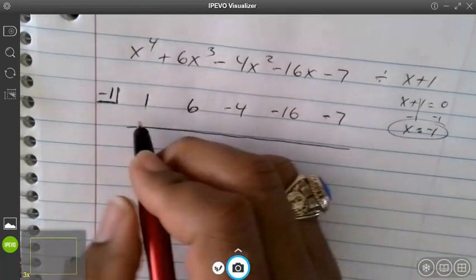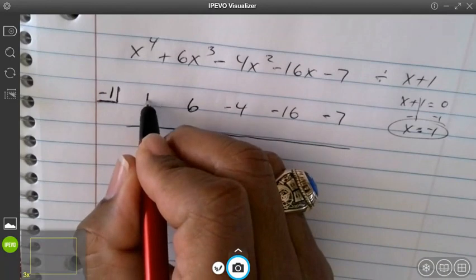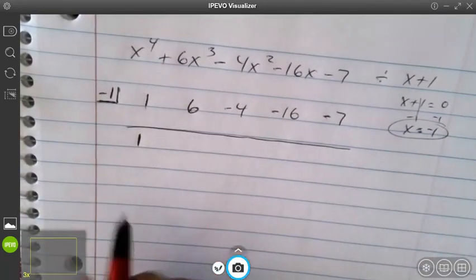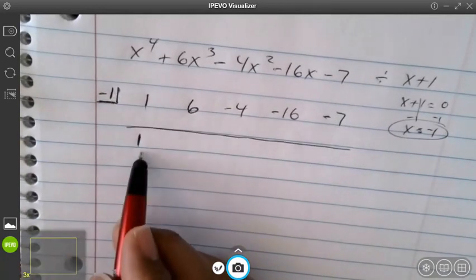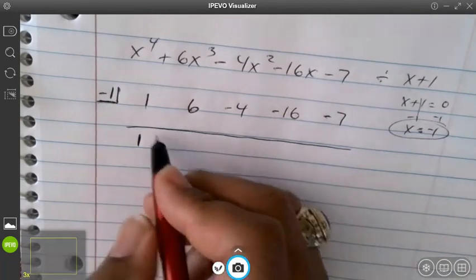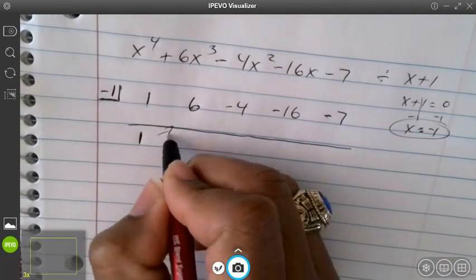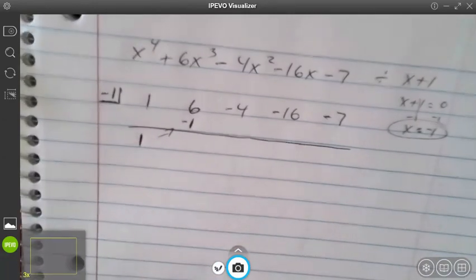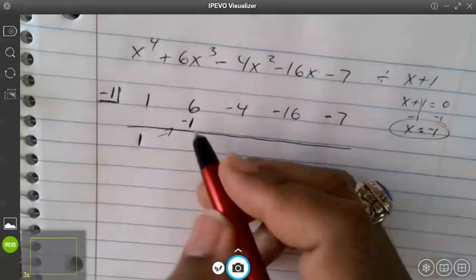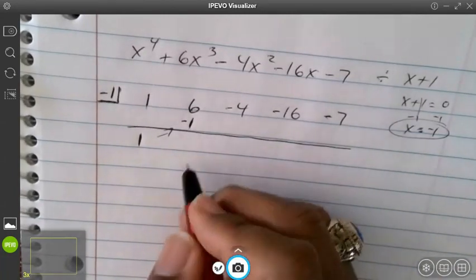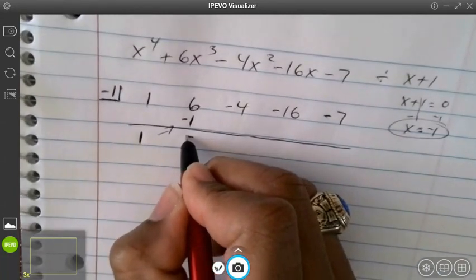The first thing you do is bring down the first term. Always, whatever the first term, bring it down. Now you're going to multiply this number by the number in the box. So -1 times 1, we get -1. You're going to put that answer here. Now we're going to combine. 6 and -1, 6 minus 1, gives you 5.